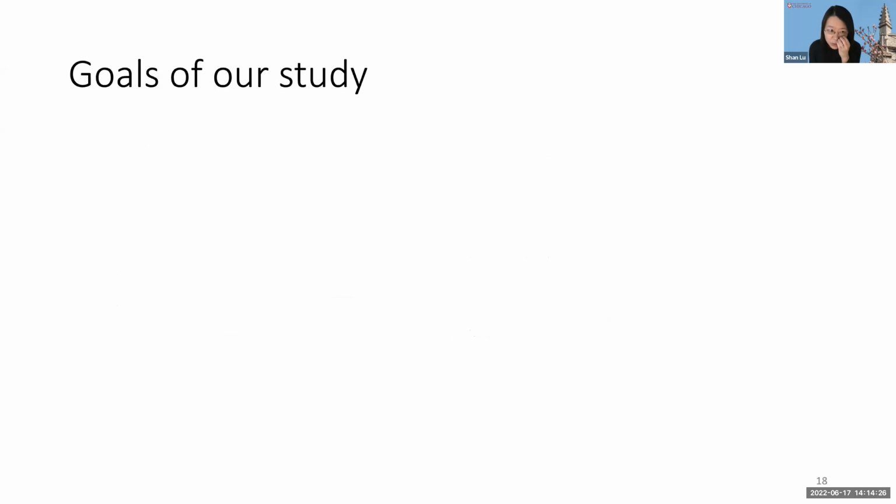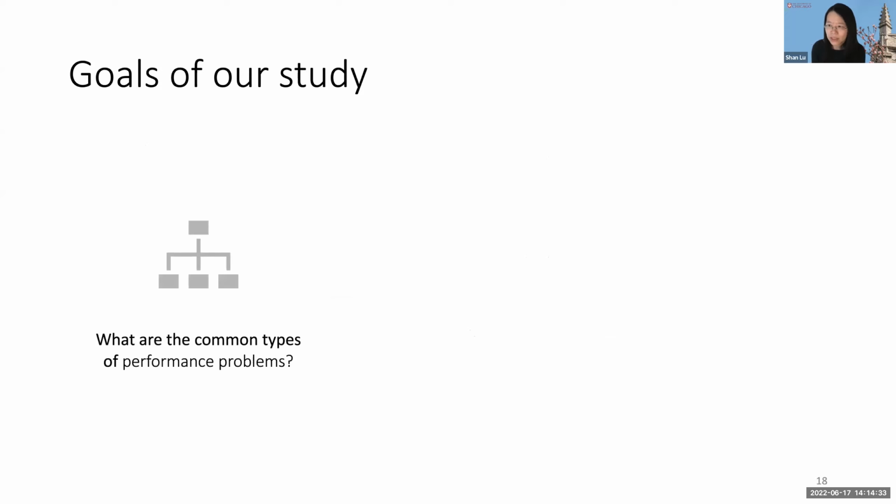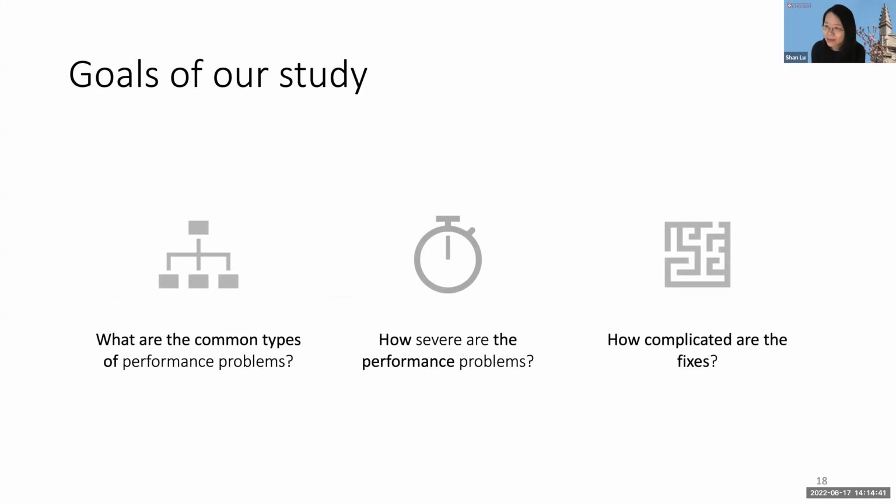So what we did is we picked some representative open source applications, and we mainly wanted to understand three things. We want to know what are the common main types of problems, how severe are they, right, and how complicated is the fix. So if they are severe and if they also have relatively simple fixes, right, that would be great, right? That means there is potentially a lot of automation we can do.